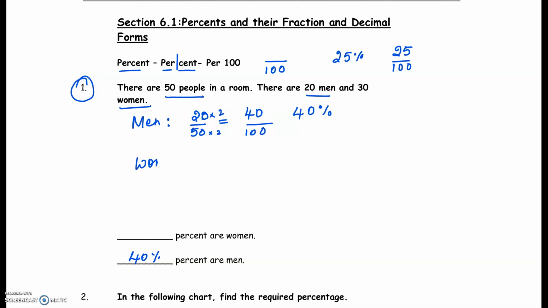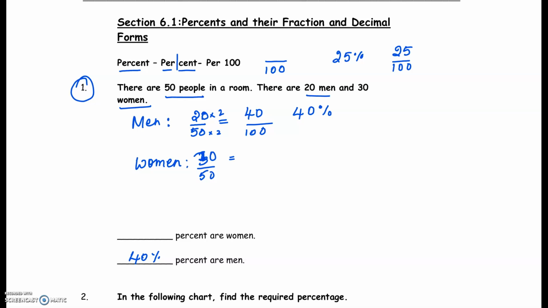Now let's look at the women. 30 out of the 50 are women. So the fraction of women in the room is 30 out of 50, 30 over 50, or 3/5 of the room is women.